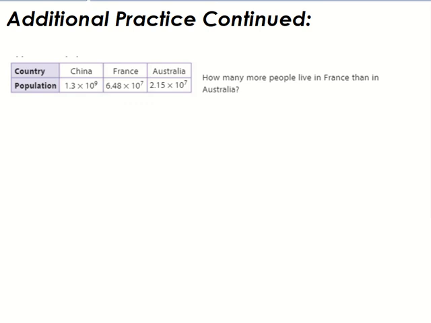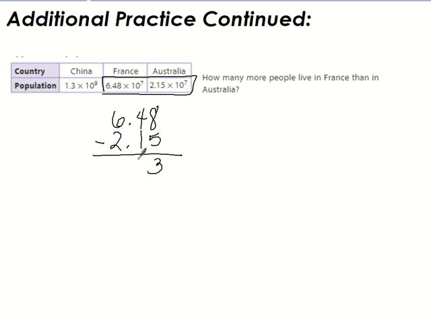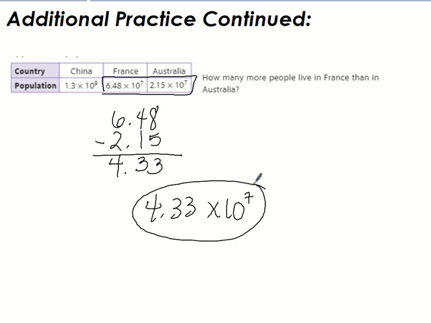So we only care about France and Australia. And yay, they actually match. So we're going to take our 6 and 4800ths, and we're just going to subtract our 2 and 1500ths. So 3, 3, 4, and because they matched, we don't have to move anything. And there's our answer.